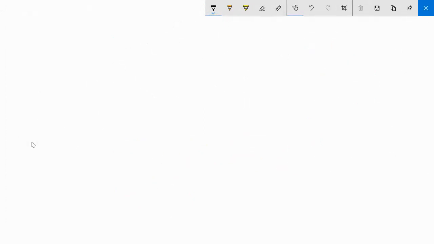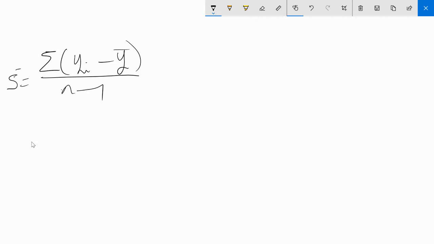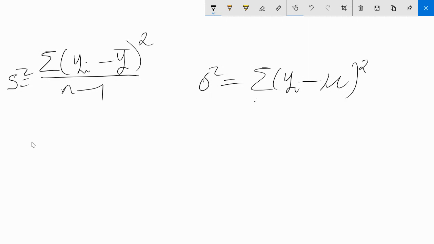I will start with the one that you are familiar with, using y as our random variable. So we have this, and minus 1. So what's happening here is that we are from the population. Let me write s squared is this, and sigma squared is equal to the sum of y minus the population mean, squared, divided by n.